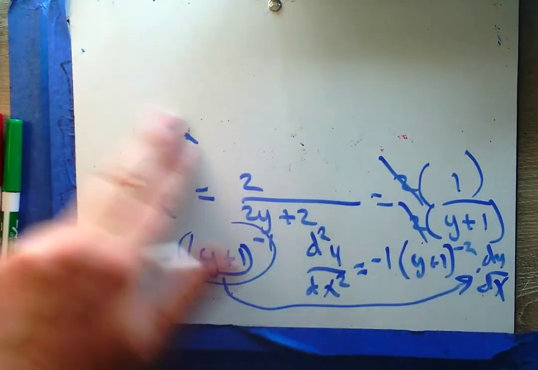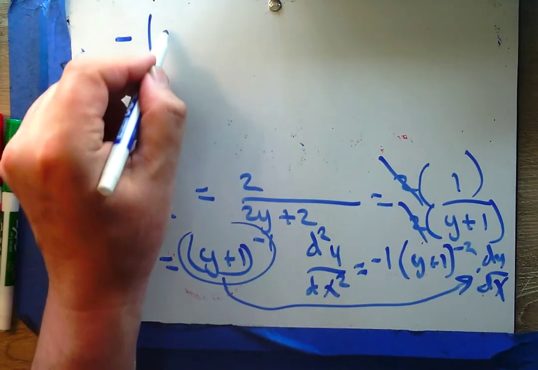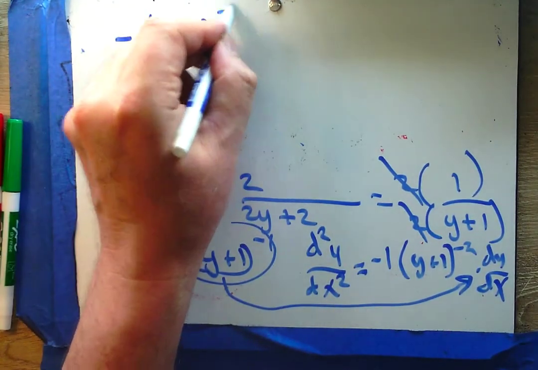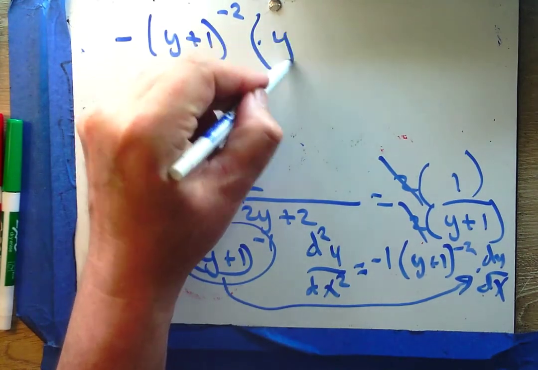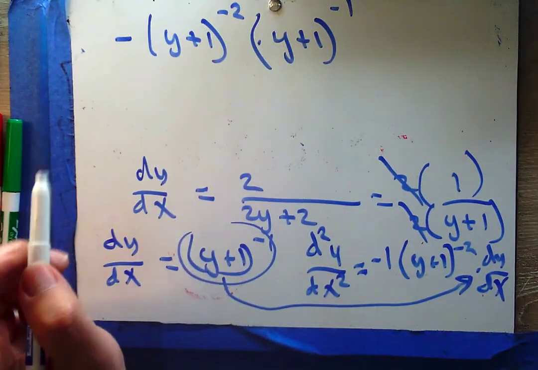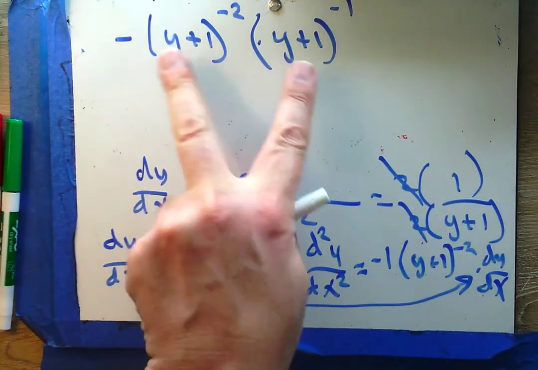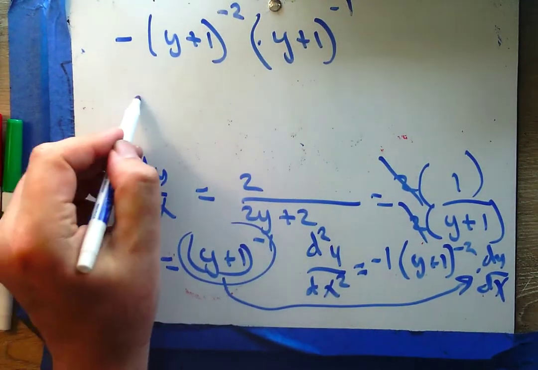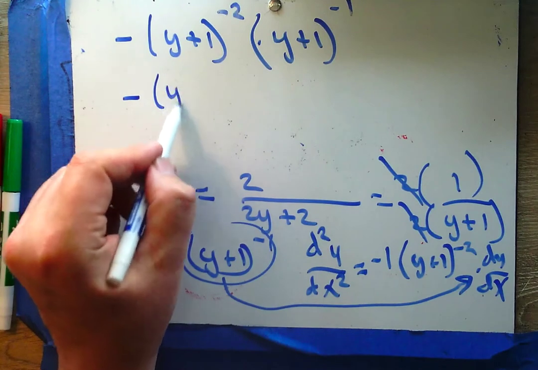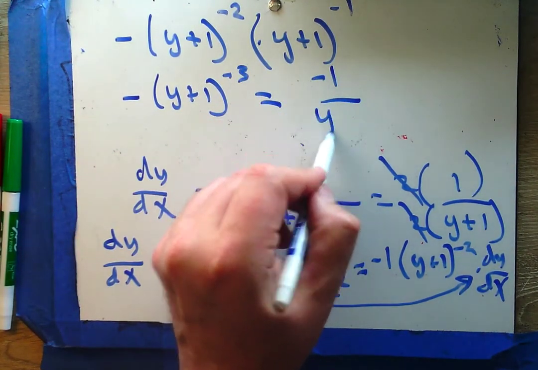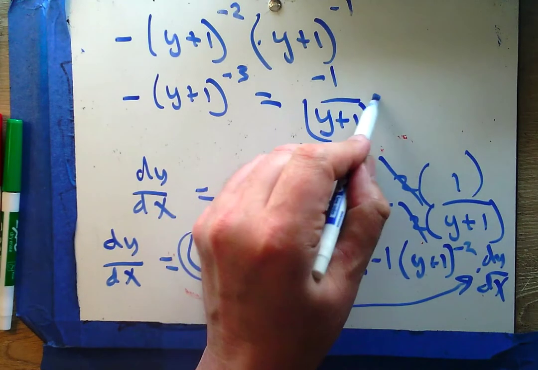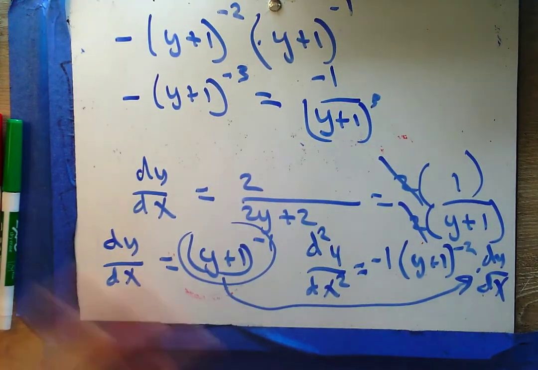So what does that leave us? Well, we've got negative (y plus 1) to the negative 2 times this (y plus 1) to the negative 1. When I'm multiplying and the bases are the same, I add the exponents, and I get (y plus 1) to the negative 3, or negative 1 over (y plus 1) to the third. Either way. Okay, there's problem 30.